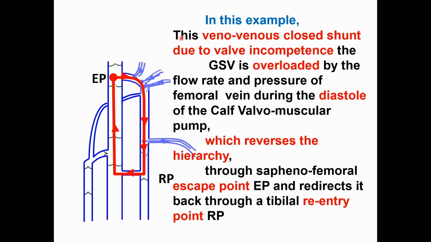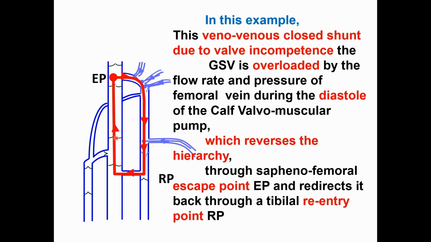In this example, this is a veno-venous closed shunt due to a valve incompetence of the great saphenous vein. The great saphenous vein is overloaded by the flow rate and pressure of the femoral vein during the diastole of the calf valvomuscular pump, which reverses the hierarchy through the saphenofemoral escape point, EP, and redirects it back through the tibial reentry point, RP.